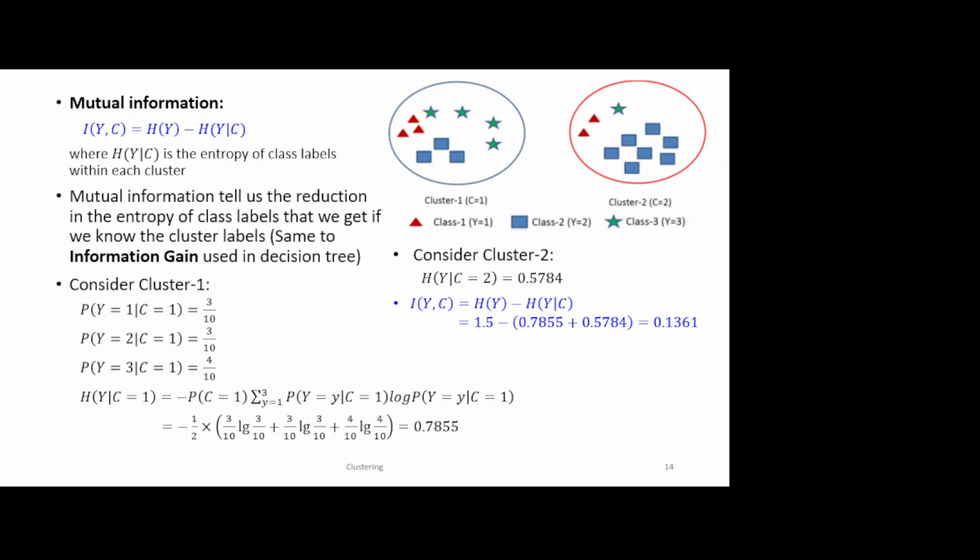If your clustering is good, you can generate a pure classification result, so the entropy will be lower. It's the original entropy before clustering, considering all the data, but after clustering it should be pure and the entropy should be lower.